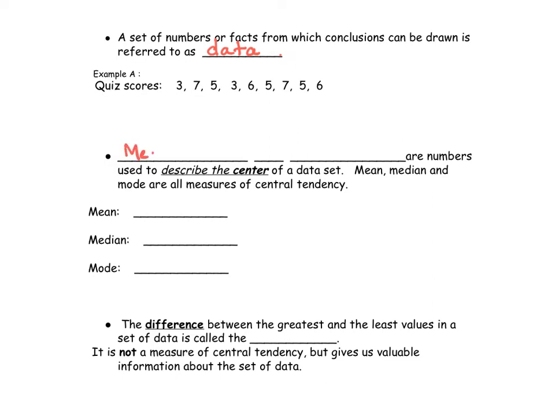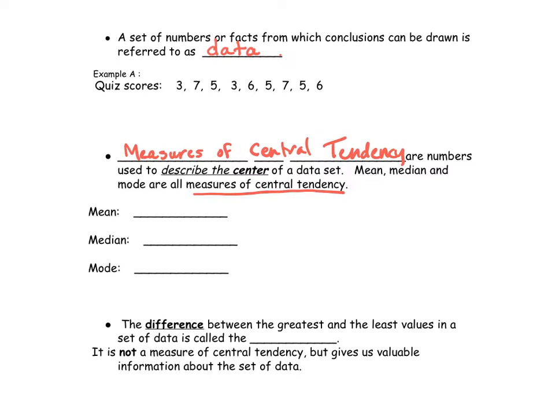And I noticed I have a missing blank in there, so we'll try to do this. Measures of central tendency. I'm missing a blank in there. So this is what we're trying to write in there.